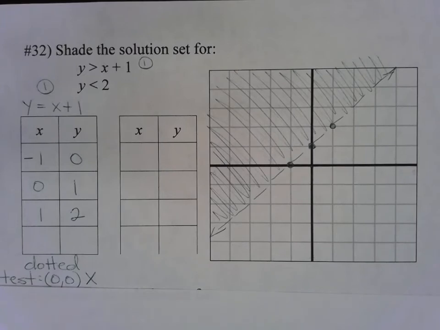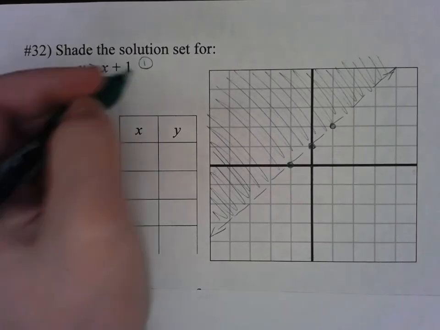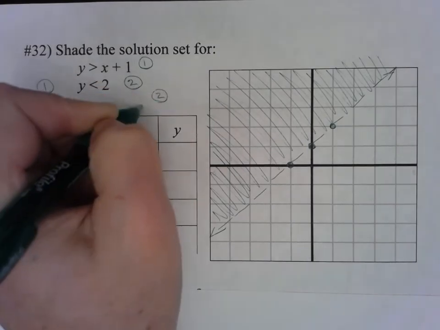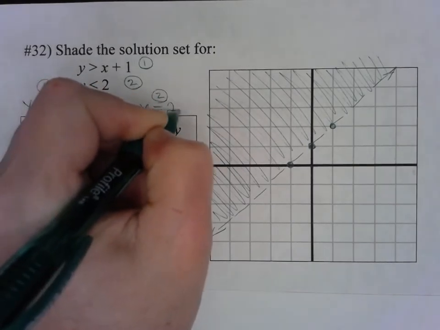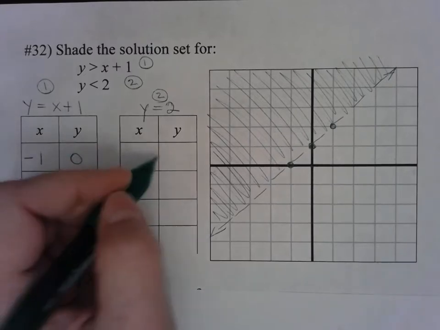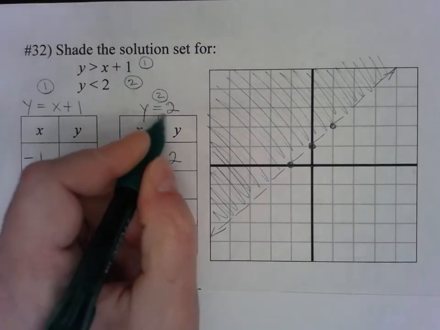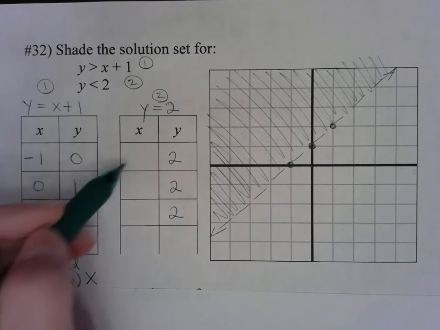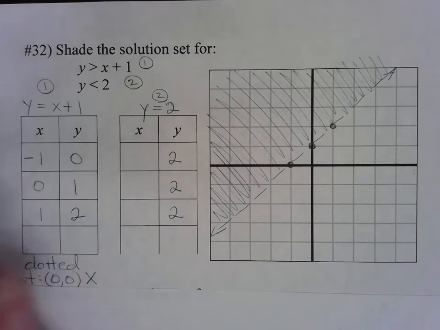Then I want to do the same thing for the second inequality. So I'm going to put in the equal sign, y equals 2. The x equals that we did a minute ago was a vertical line. This is a y equals, so this is going to be a horizontal line. But the same thing applies. The y value is fixed at 2, and the x can be any number we like.